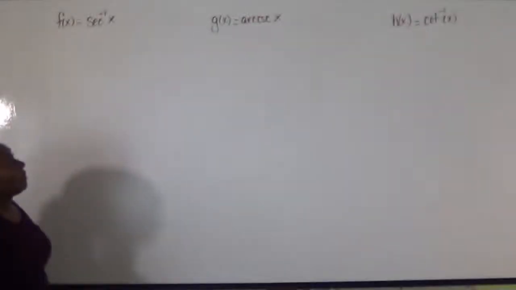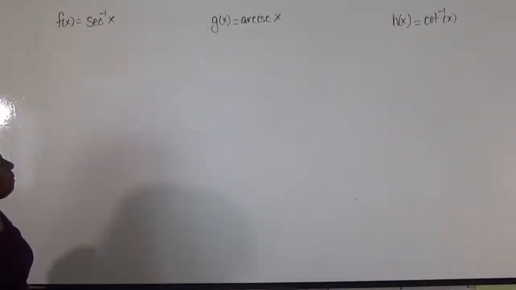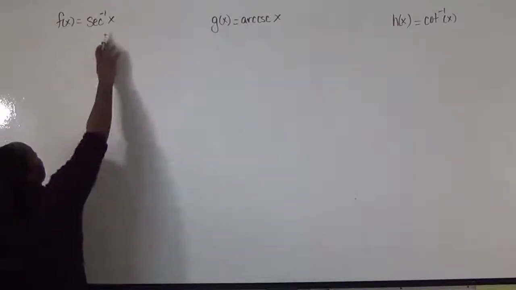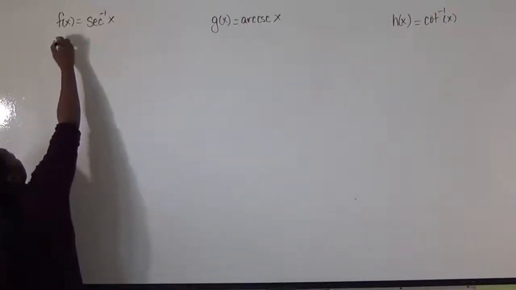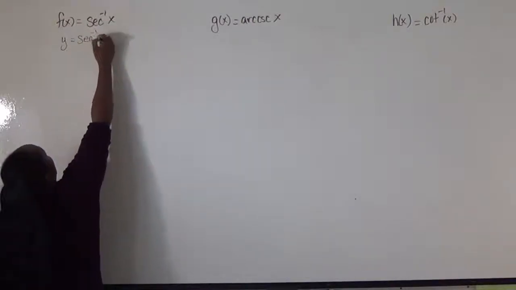Okay, so now let's look at some of the other trig functions. Again, these you don't have to memorize, but it's nice if you know them. If you don't know them, you should be able to derive them just like we're going to do here in a minute. So looking at f of x equals the arcsecant of x, here again we can think y will equal the secant inverse of x.